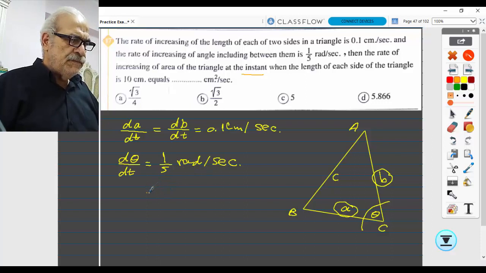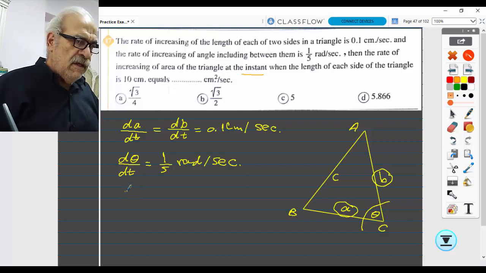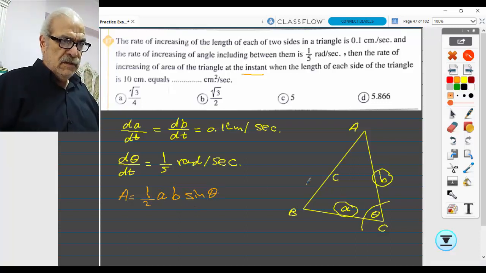Okay, now what is the area of the triangle? The area of the triangle, consider it A, equals half A B sine the included angle theta. It is a rule.